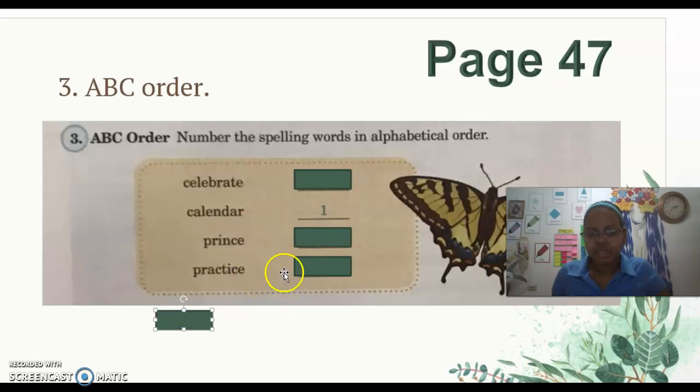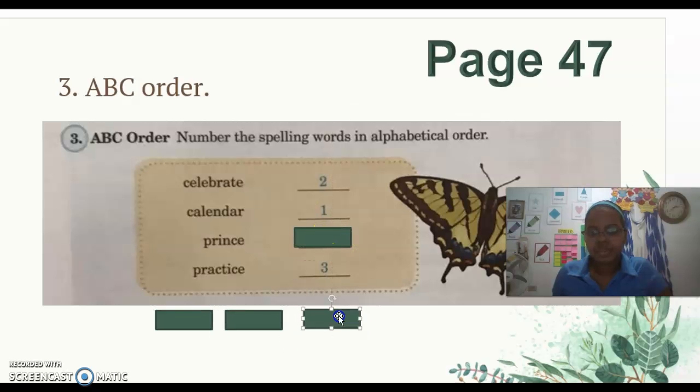Calendar. Very good. Which one is the second word? Celebrate. Very good. Which one is the third word? Print or practice? Practice. Very good. And the last word is the word prints.